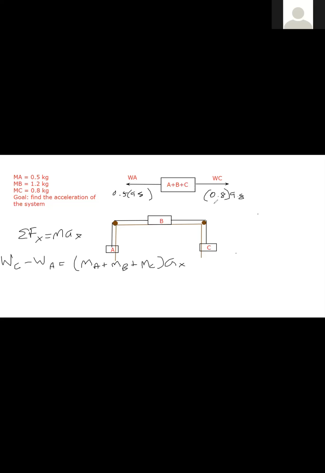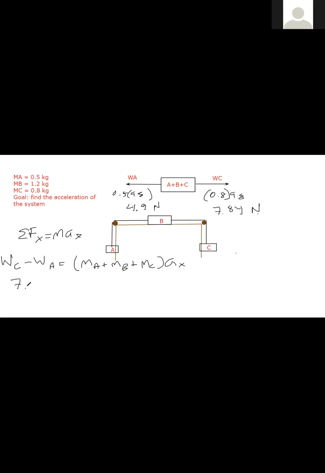So 0.8 times 9.8 is 7.84. And this is 4.90 newtons.